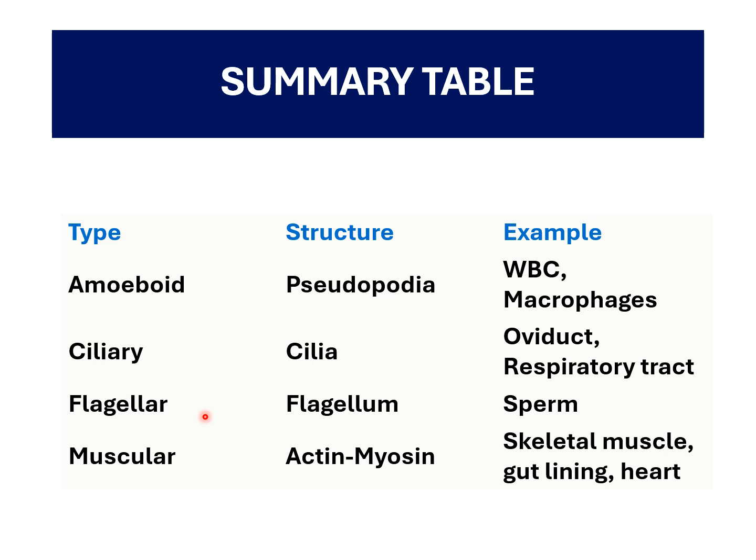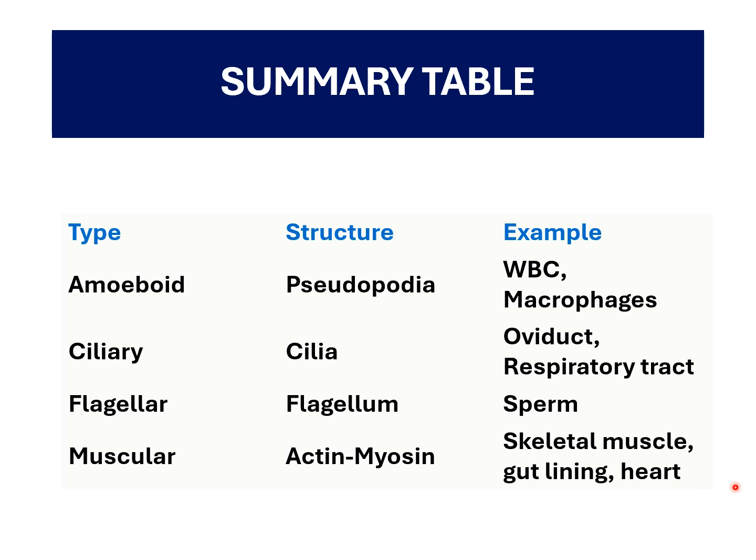Flagellar movement uses flagellum and it is helpful in moving the sperm in a fluid medium. Okay, and muscular type of movement uses actin, myosin and contraction and it is seen in skeletal muscles which help in moving the body, in case of gut lining, which helps in peristalsis, and in case of heart, which helps in pumping the blood.